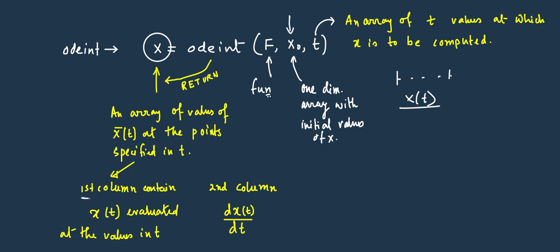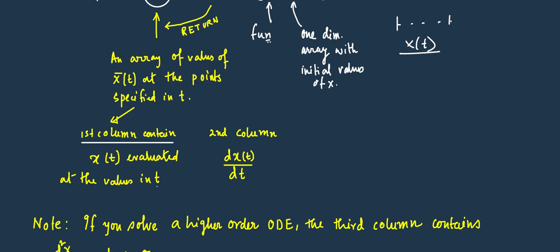The first column contains x of t evaluated at the values in t. That means it depends on the t array, and at those particular values x of t will be computed. The second column contains the derivative of x.